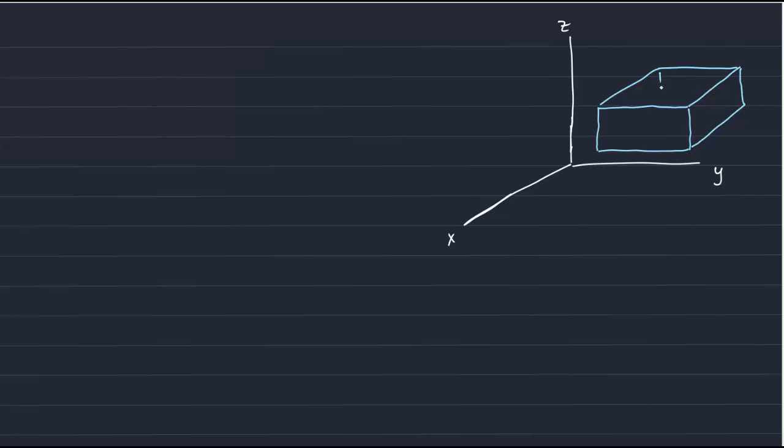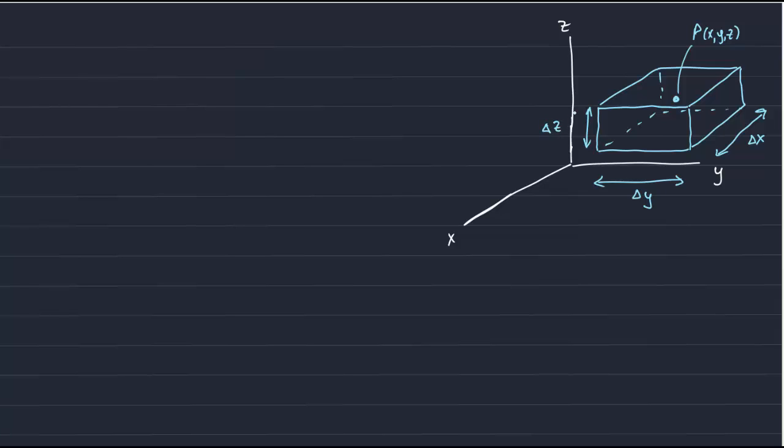And point P is in the middle of our control volume at some arbitrary location X, Y, and Z. And our control volume has a width in the X direction of delta X, a width in the Y direction of delta Y, and then a height in the Z direction of delta Z.